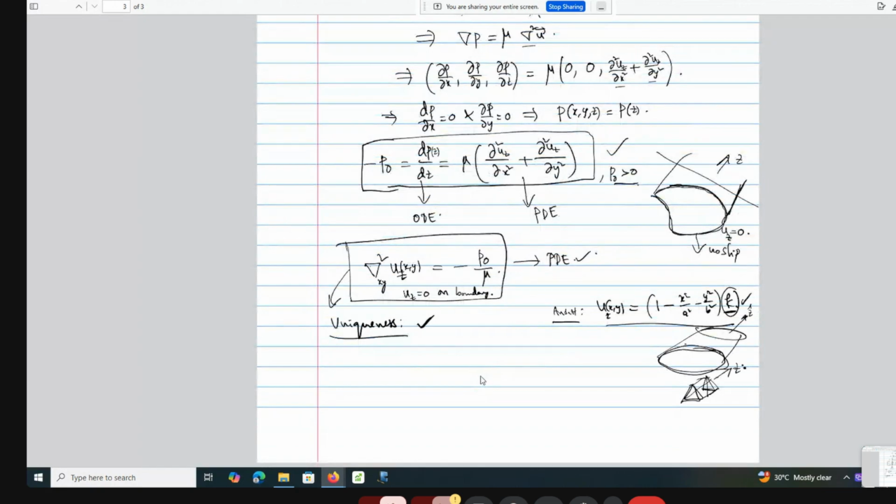Now what is its solution? I need to write the problem now. So, minus P naught equals dp_z by dz equals mu times dou square u_z of (x,y), a function of (x,y), by dou x square.